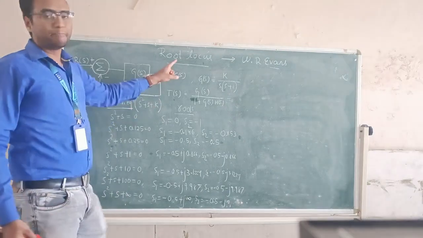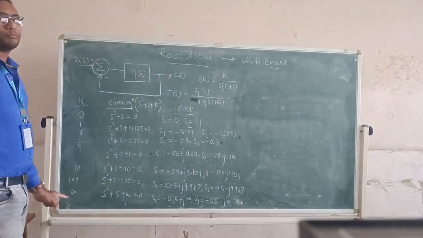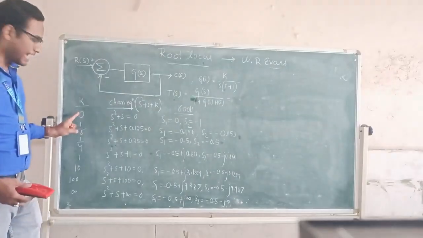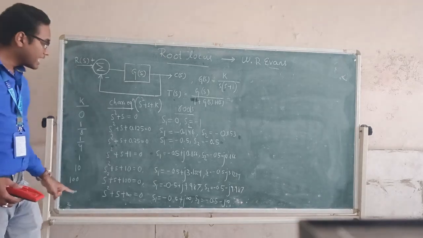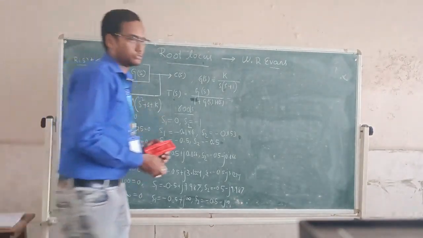The root locus is the mapping of the closed loop roots when I am varying the system gain. When the system gain is varied from 0 to infinity, I am getting some path of the roots. Let us see.